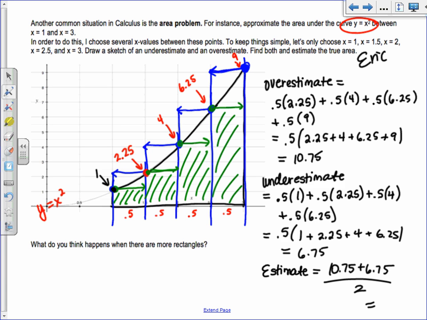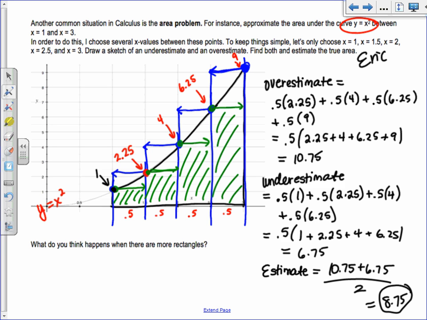All right, so around 8.75 would be my estimate. Later on we'll learn how to do this with calculus, but the actual answer is 8 2/3. That is the actual area under that curve. Those are pretty close. You got 8.75 and we used 4 rectangles.